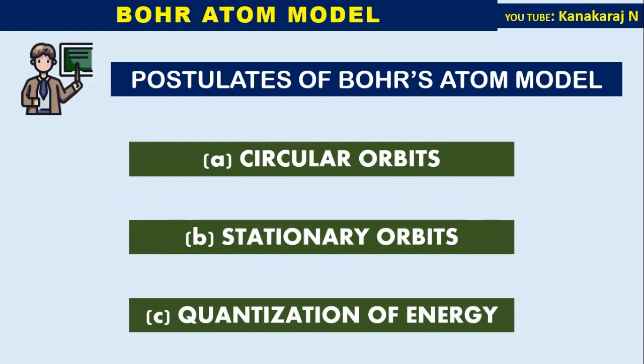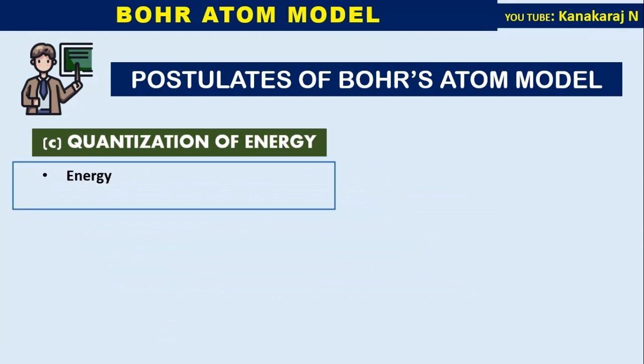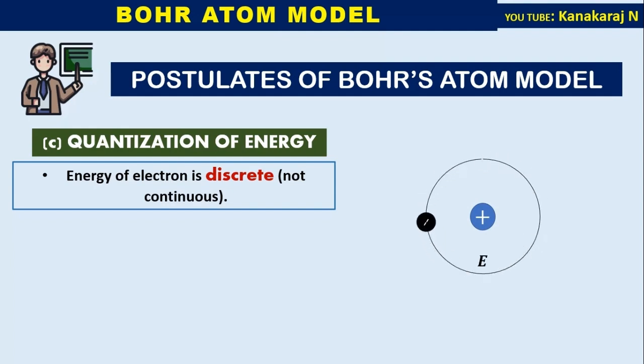And the third one, quantization of energy. Energy of electron is discrete, not continuous. Here you have the nucleus. The electron revolves in the first orbit, and the energy in this orbit is E1.